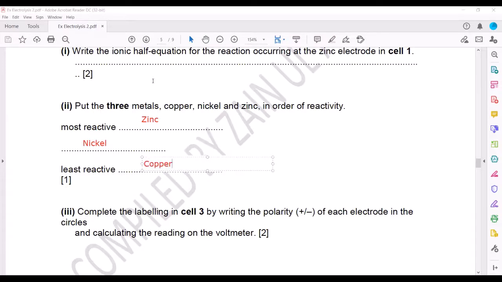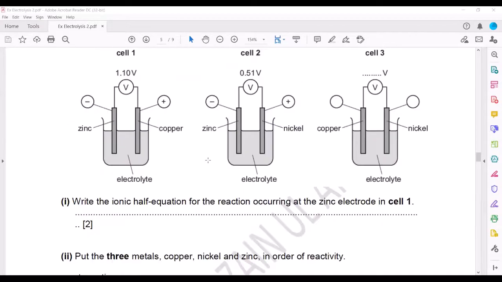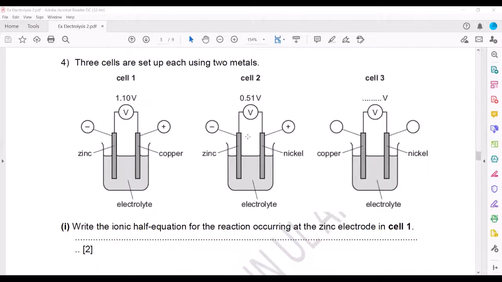Is this part clear, how we work out the reactivity of the metal using the cells? So how can we work out the reactivity of a metal using a cell?